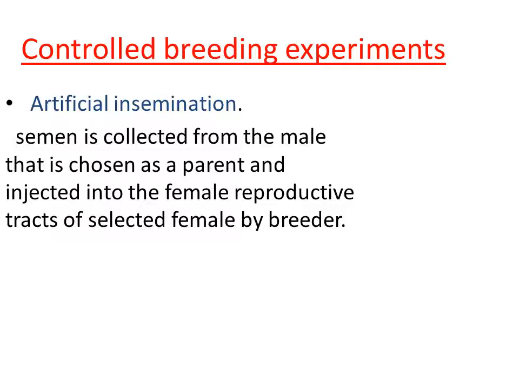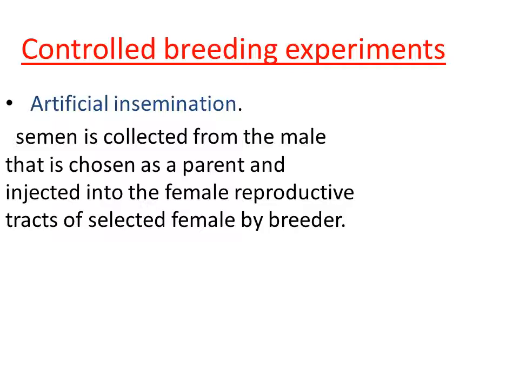How do they do artificial insemination? Semen is collected from the male animal. That means they will collect the semen from a bull, and that is injected into the female reproductive tract. This method is called artificial insemination.